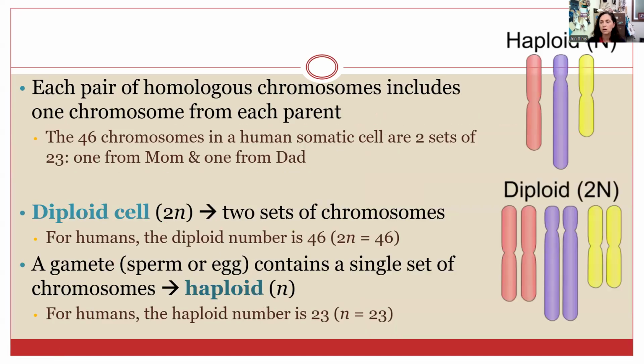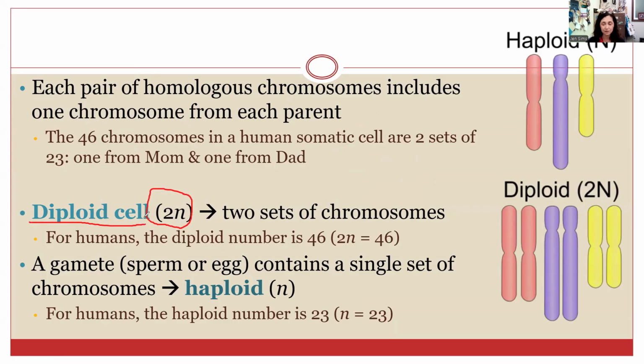All right. Now, next up, I want to be sure that we've got terms like haploid and diploid down. I did show you this earlier, but I want to be sure that we've got this down and also the symbols for it. So when you see the symbol 2N, that means this thing called diploid.